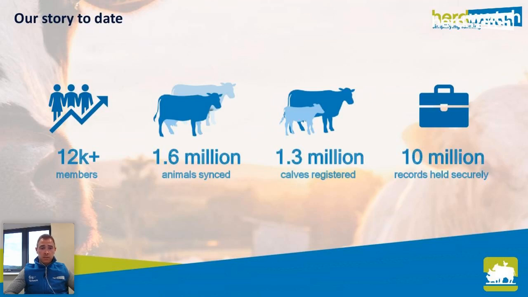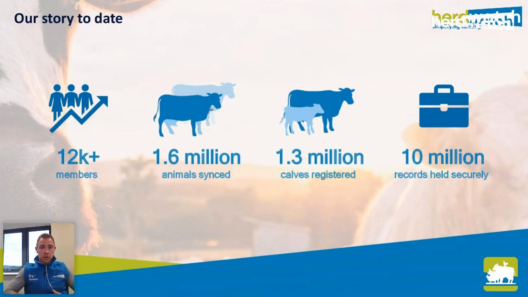We've over 1.6 million animals synced into our system over the past couple of years. And we recently hit a big milestone where we've over 1.3 million calves registered now through the Herdwatch system. We also have over 10 million records securely backed up and recorded on the system over the past couple of years, including the likes of medicine records, weights, movements, calf registrations, and others.